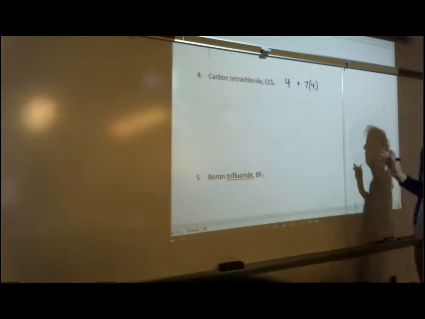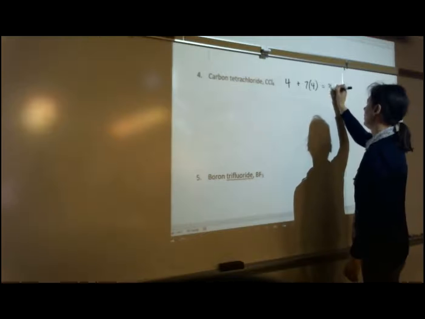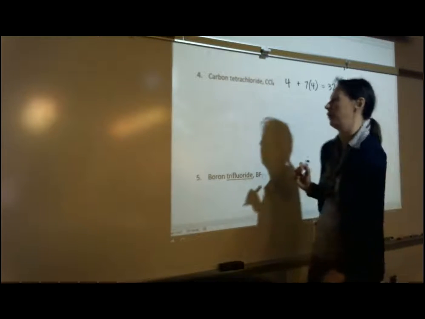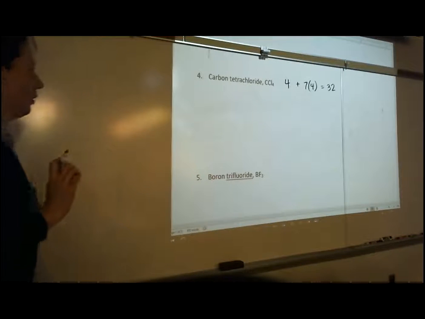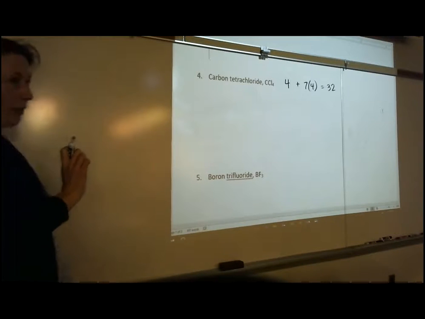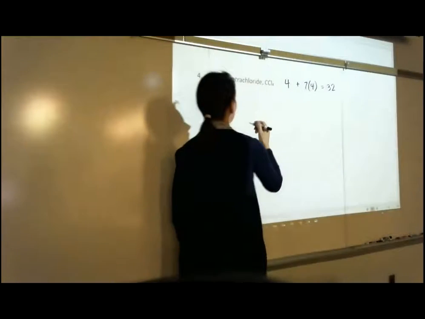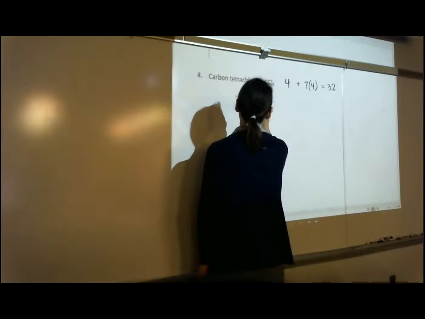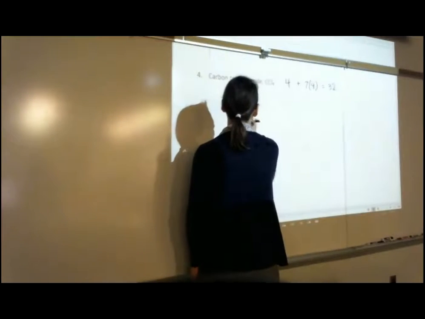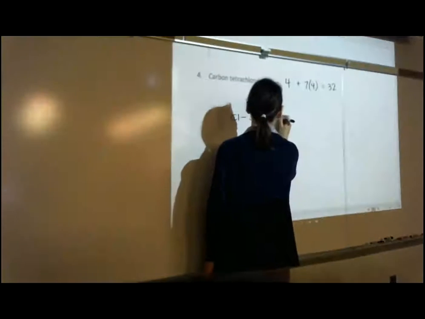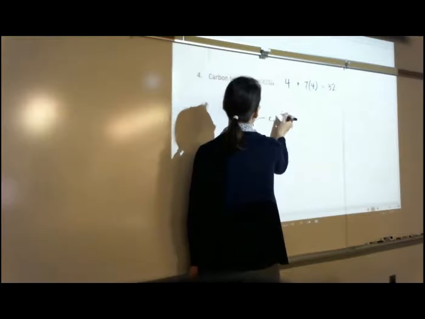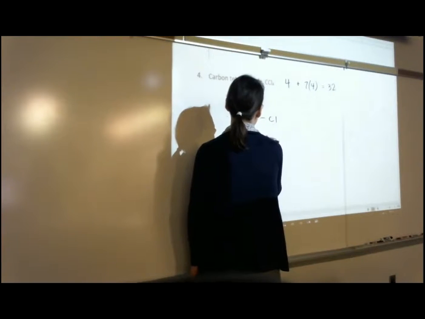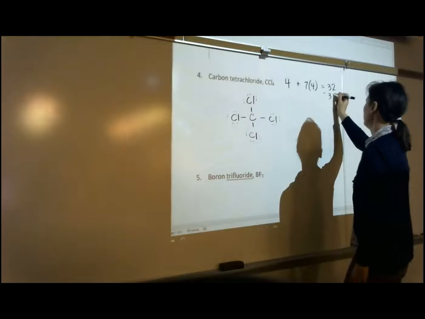No, because this isn't a charged molecule. So we've got 32 to work with. Central atom. Who's in the middle? Carbon, right? Carbon's way less electronegative than chlorine. So 1 in the middle, and then chlorine, chlorine, chlorine, chlorine. When you give everybody an octet, that takes care of all 32.